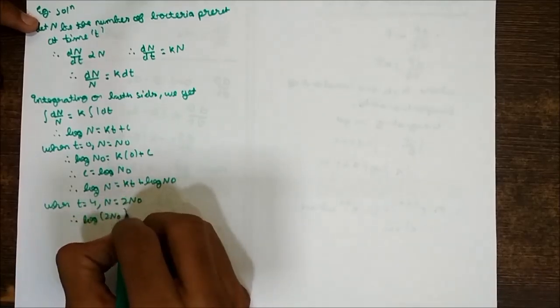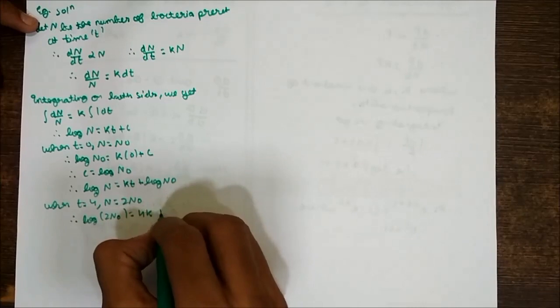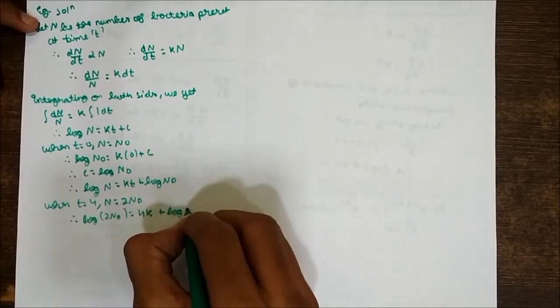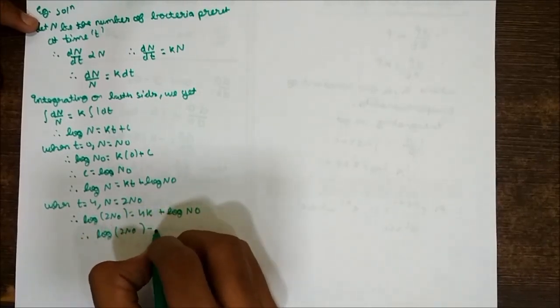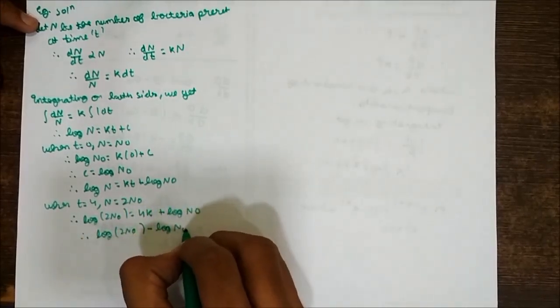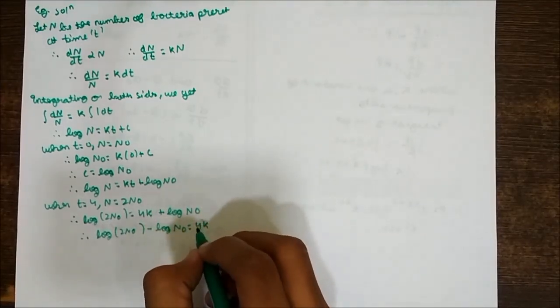When t is equal to 4, n is equal to 2n0. Therefore, log 2n0 is equal to 4k plus log n0. Therefore, log 2n0 minus log n0 is equal to 4k.